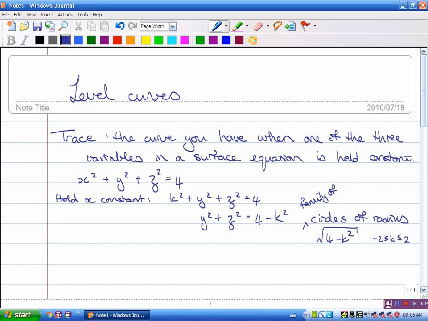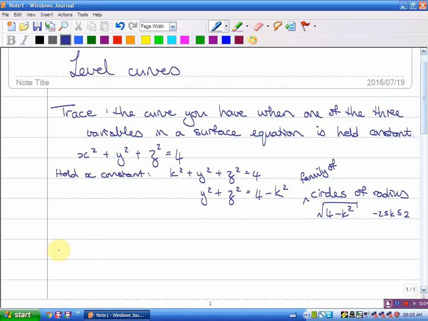Because this is such a symmetric formula, we're going to have something very similar for all of the other traces. Hold y constant, and we end up with x squared plus z squared equals 4 minus k squared, once again a family of circles.